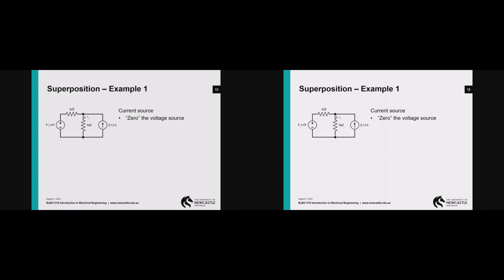You make it a short circuit. So for a voltage source that I want to zero, I short circuit it out. Current source, I want to zero it, I make it an open circuit. They're the two things you need to remember.